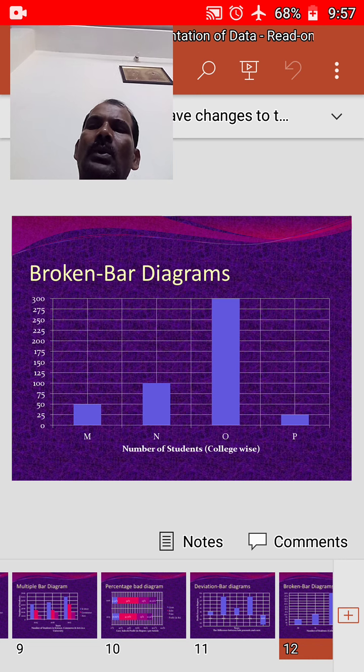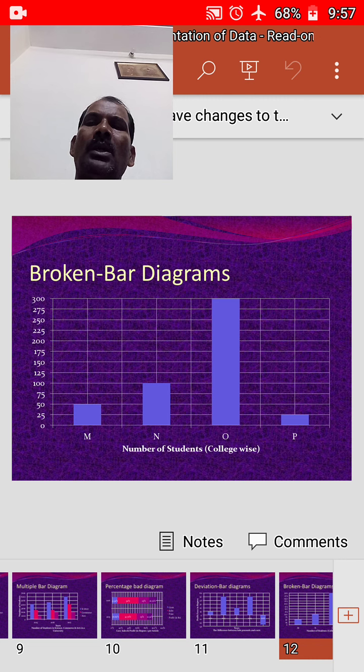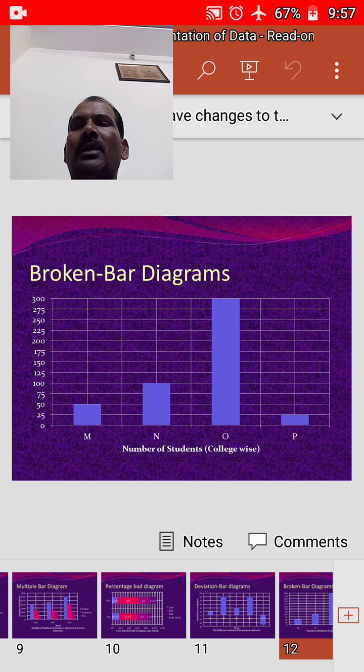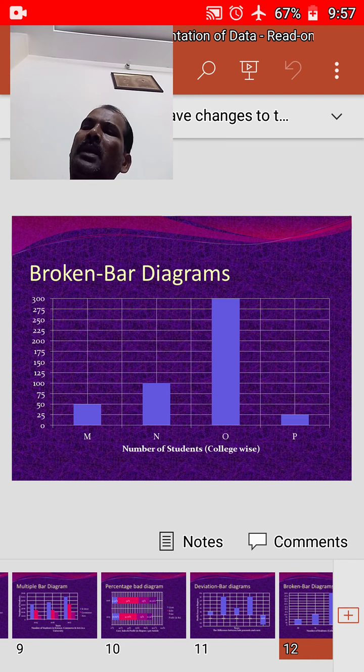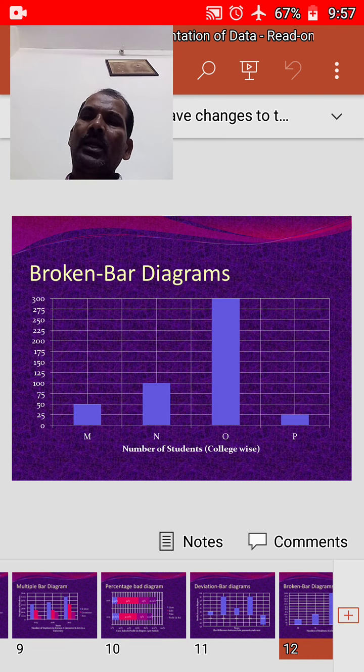Solution: the number of students of college O is maximum, 12 times that of college B. In order to gain space, we have broken the bar for college O, otherwise the bar would have been 12 times the length of the bar of college B, and the diagram would have occupied a lot of space and given an ugly look.